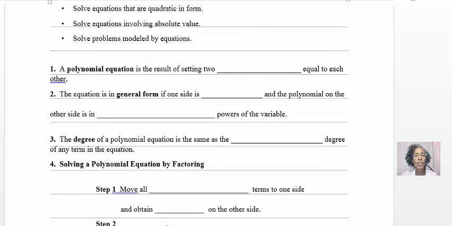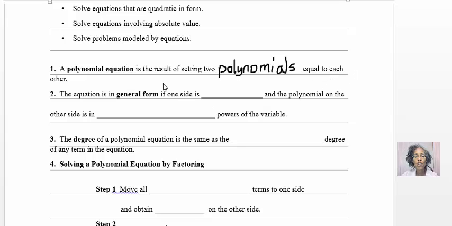So a polynomial equation results by setting two polynomials equal to each other.